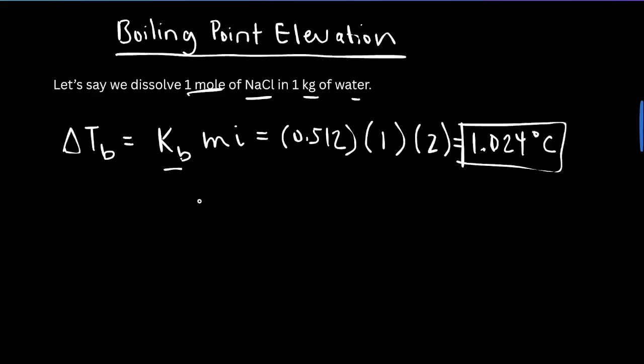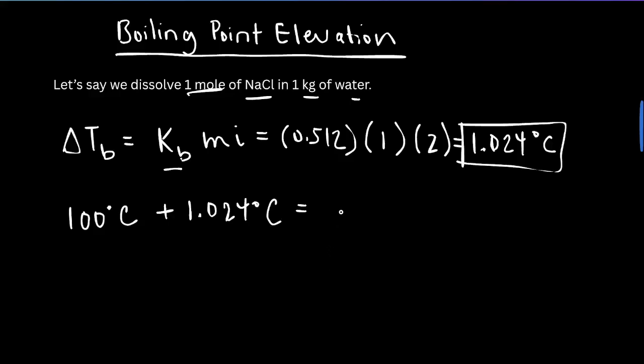If they were asking by how much, this would just be our answer. But let's try to find the new boiling point. We know pure water to have a boiling point of 100 degrees Celsius. But in this case, this solution is going to have 100 degrees Celsius plus 1.024 degrees Celsius.